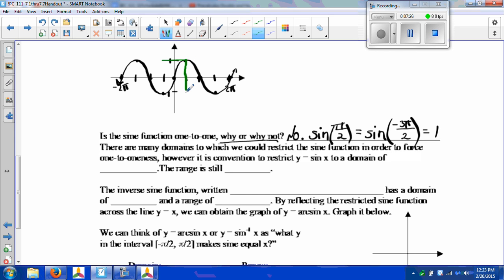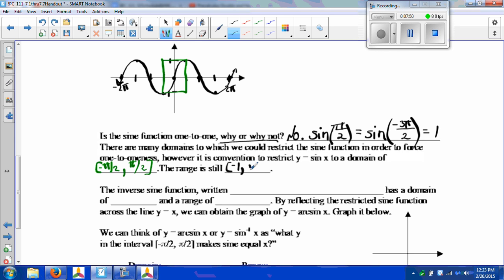I mean, not 1, if you go past pi over 2. And then here again. So I'm going to restrict the domain to be from negative pi over 2 to pi over 2.